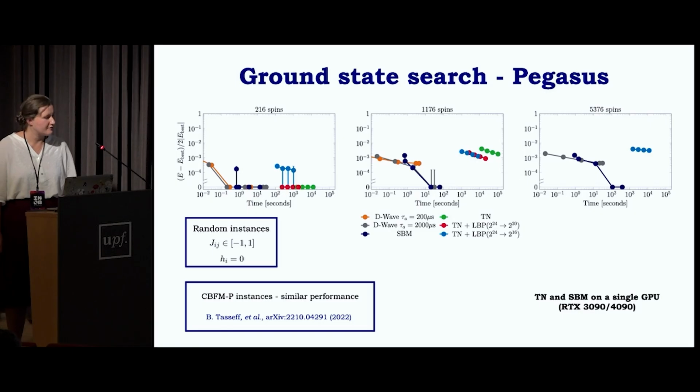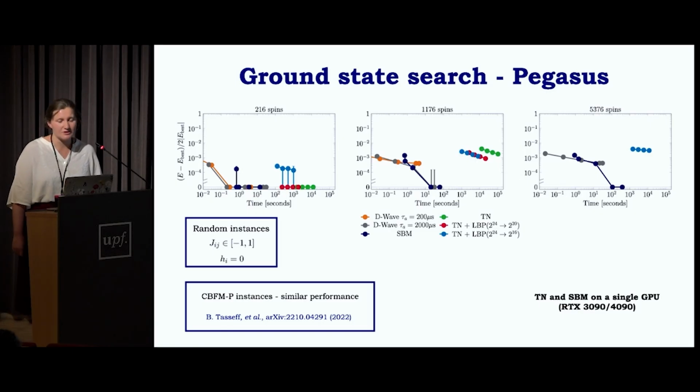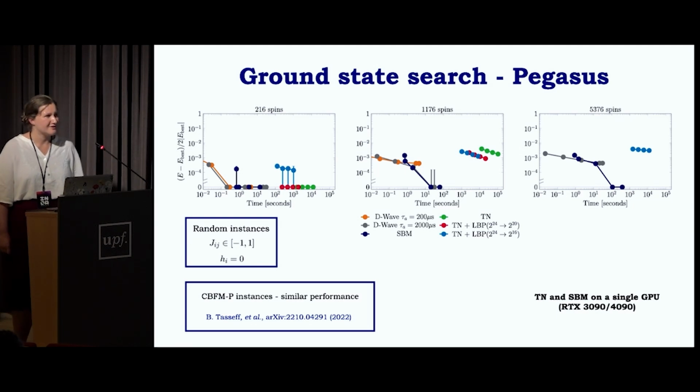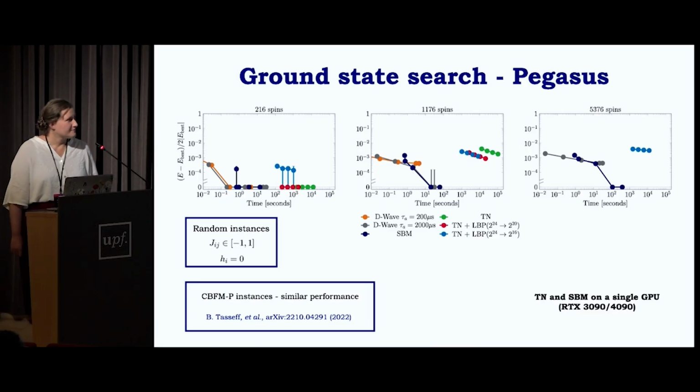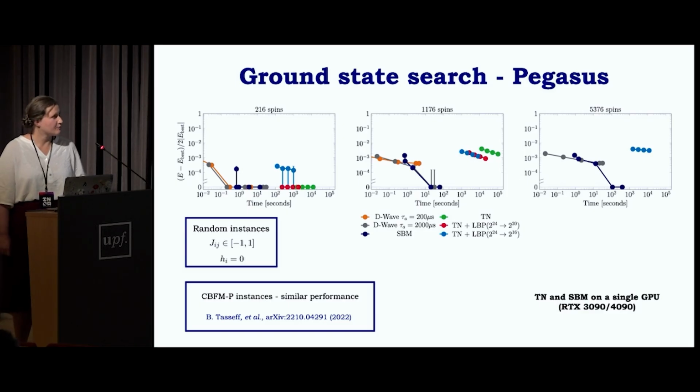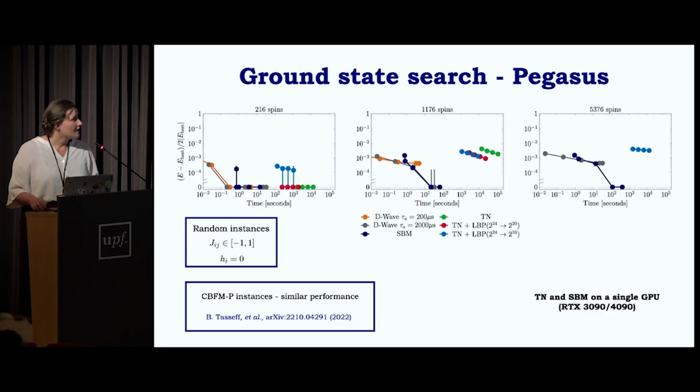Apart from the full space tensor network simulations, marked here by the green dots, we also tested dimensional reduction of cluster degrees of freedom using loopy belief propagation, red and blue dots. And we selected from 2 to the power 24 possible spin configurations in every cluster, 2 to the power 20, or 2 to the power 16 possible spin configurations.